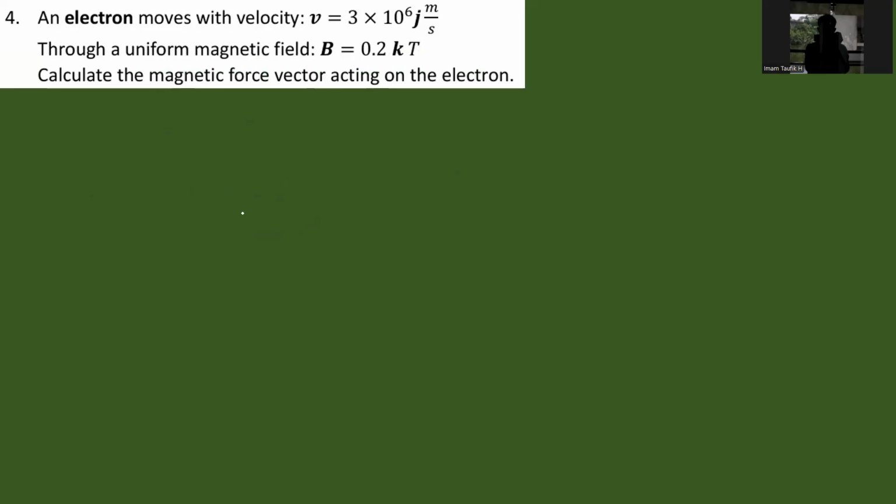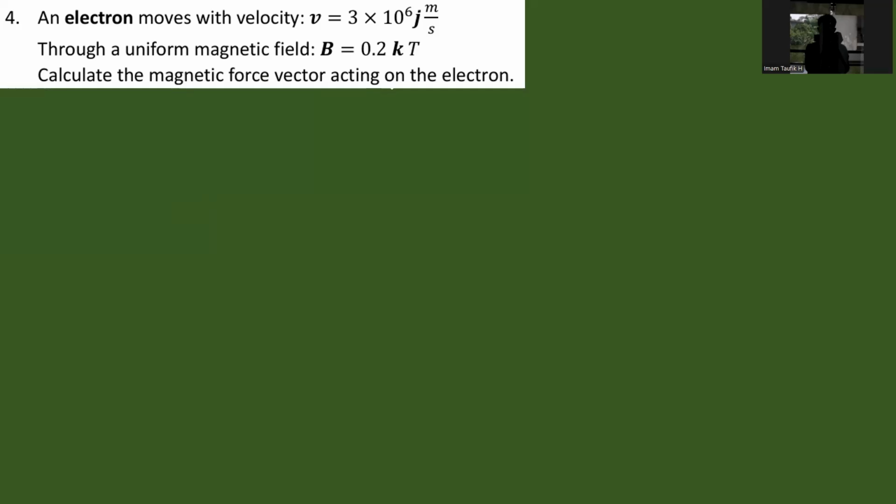Okay, next for number 4. An electron moves with velocity v equals 3 times 10 power 6 j meters per second. I guess it's j hat. So it's a vector. Don't forget to remember again the concept of vectors. Through a uniform magnetic field, B equals 0.2 k hat Tesla.